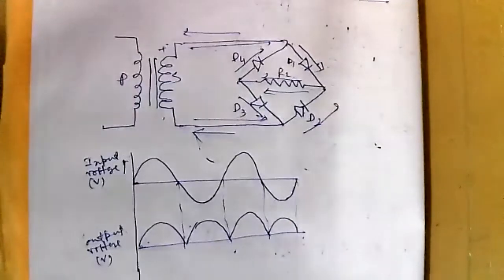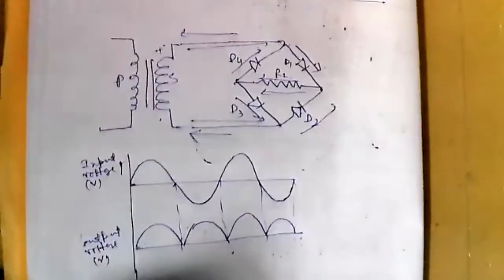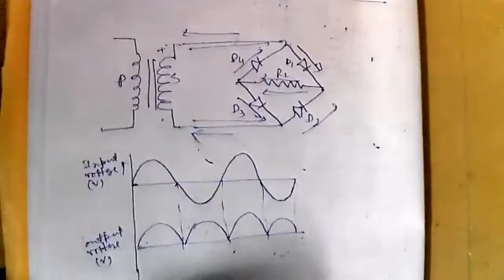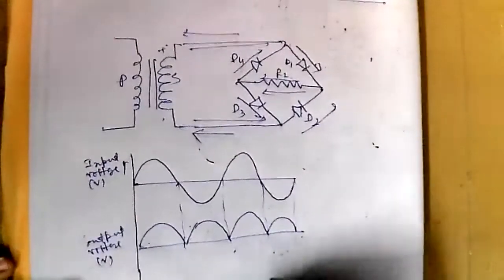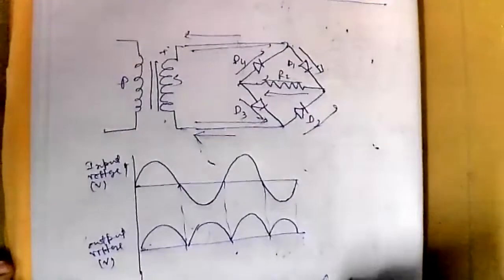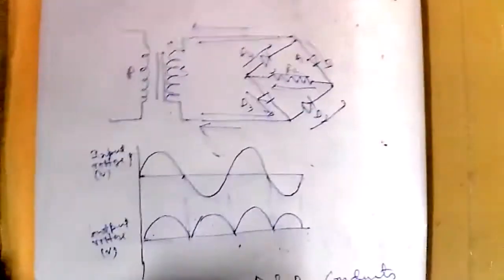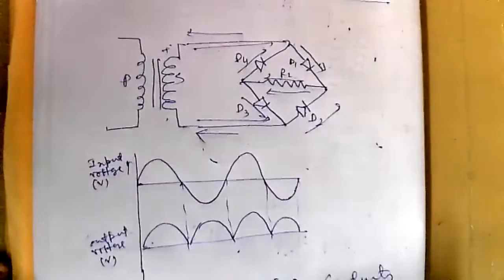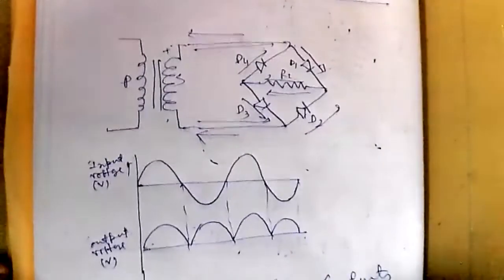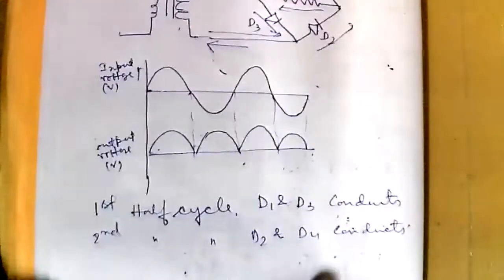Okay. So during the first half cycle, D1 and D3 conduct, and during the second half cycle, D2 and D4 conduct. Okay.